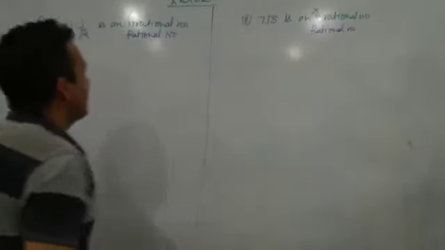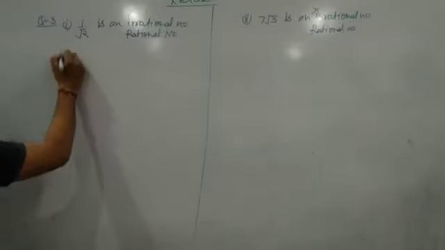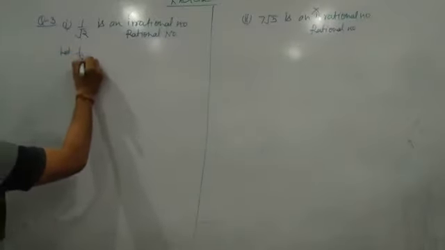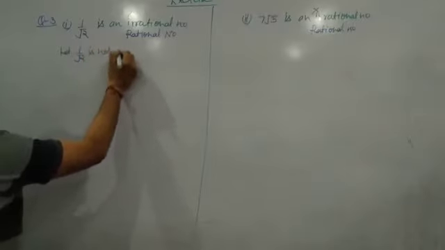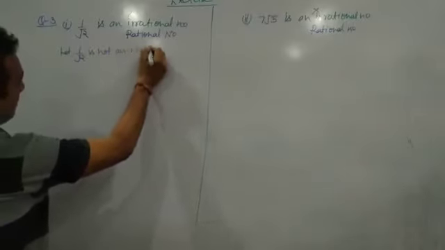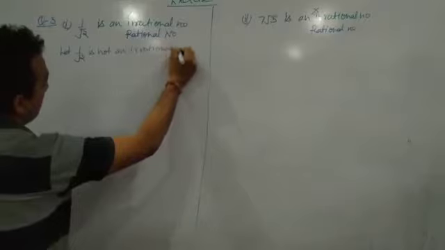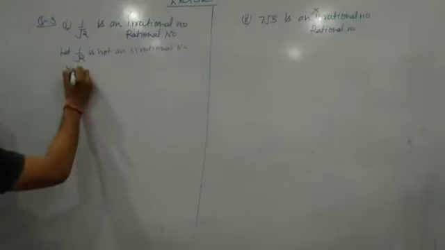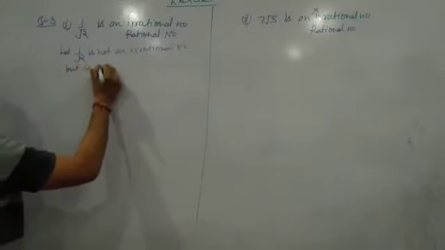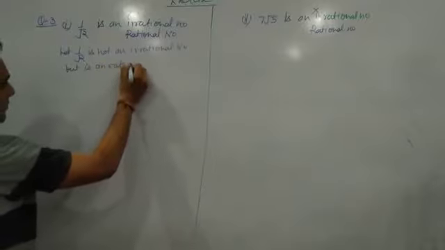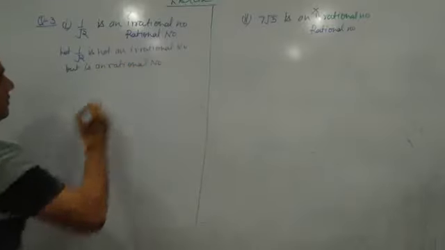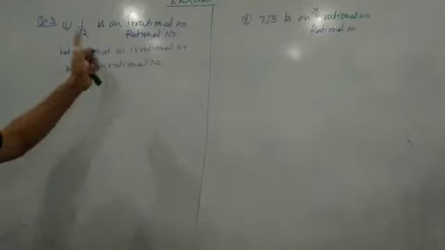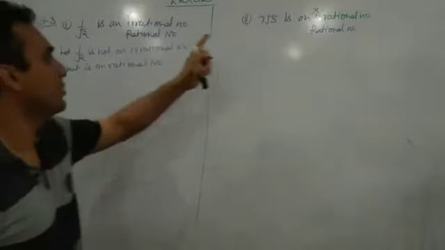So, moving towards that step, let 1 upon under root 2 is not an irrational number, but it is a rational number. Similar statement I am going to write for the second question also.